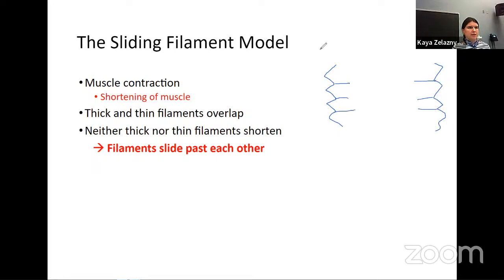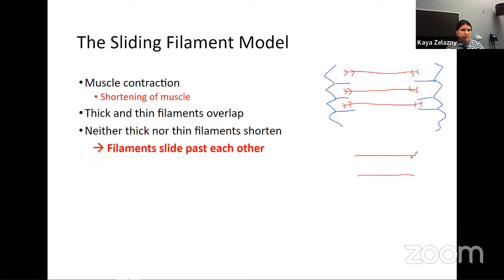So we are going to have a longer version here. Okay. Draw on here. Okay, so when we contract, we're sliding past. So that myosin is staying the same length. So I'll draw those again.